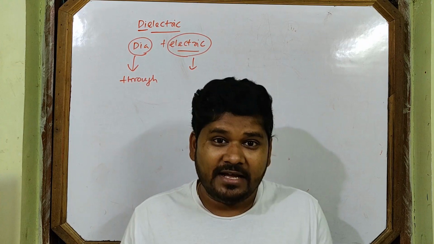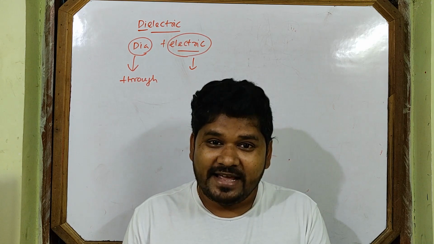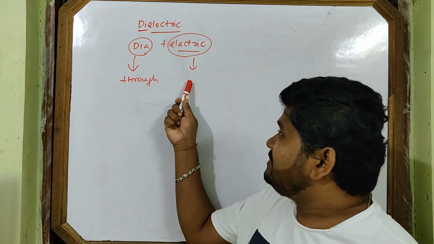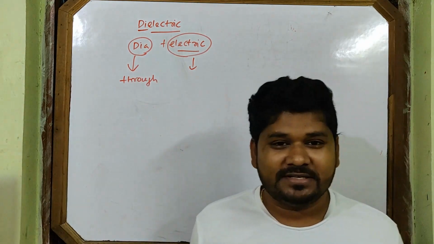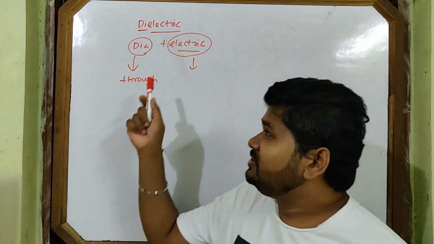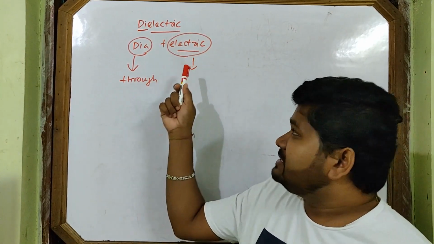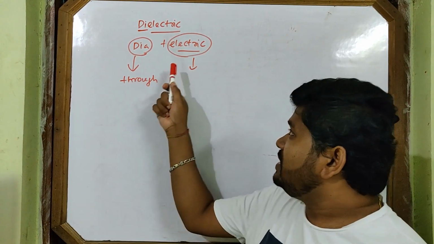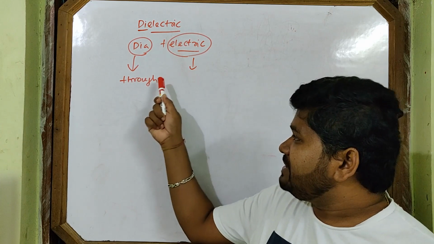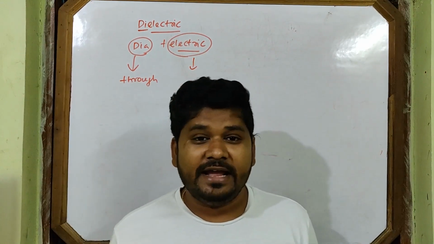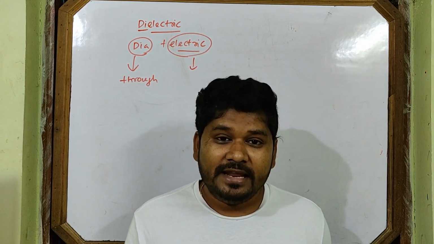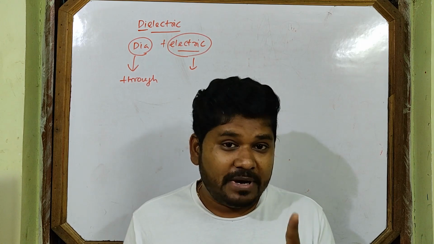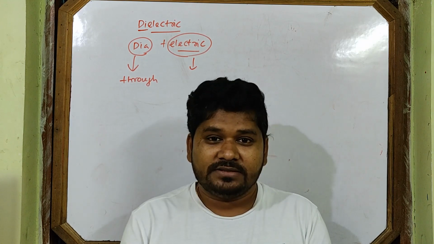But what is extra is that electric field can pass through it. Its name is written like this because the electric field can pass through it. Dia means through electric field. It's called a dielectric. Electric field can pass, but electric current cannot pass.